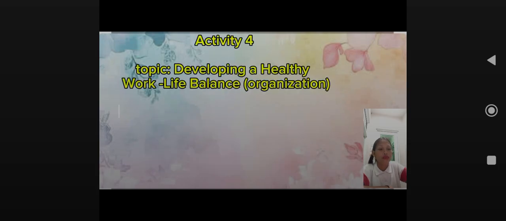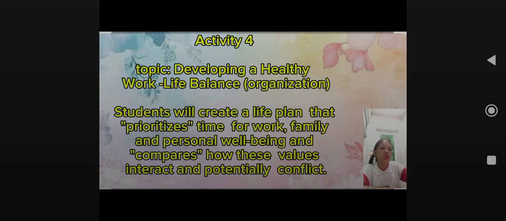Next is activity 4, developing a healthy work-life balance. So, student will create a life plan that prioritizes time for work, family, and personal well-being, and compares how these values interact and potentially conflict.